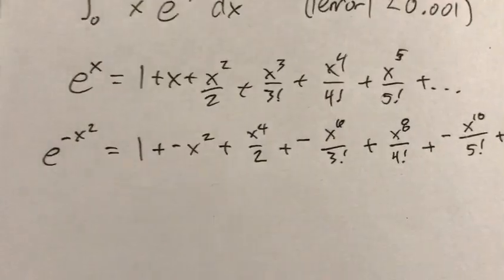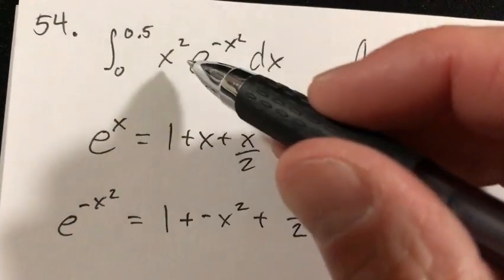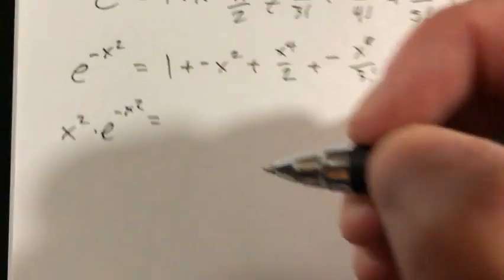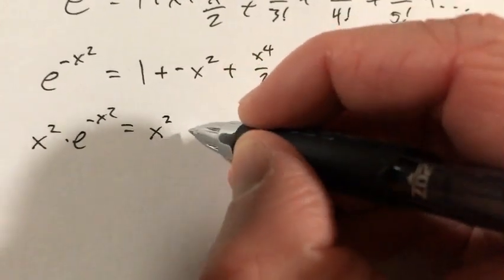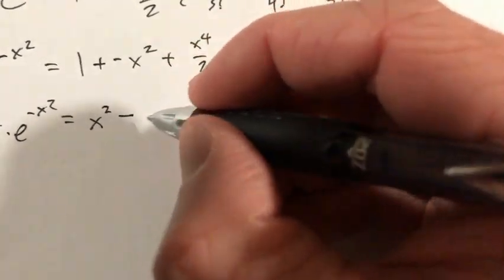And if that is what e to the negative x squared looks like, then x squared times that, we'll just multiply the whole thing by x squared. Times e to the negative x squared is, and I'll just multiply each of these terms one by x squared. This will be x squared. I'm going to get rid of the plus a negative and just make that minus.